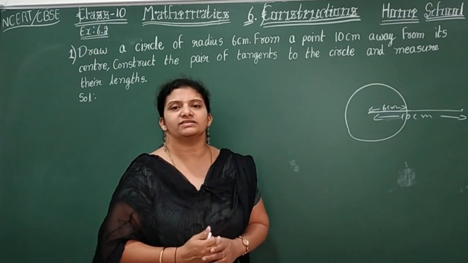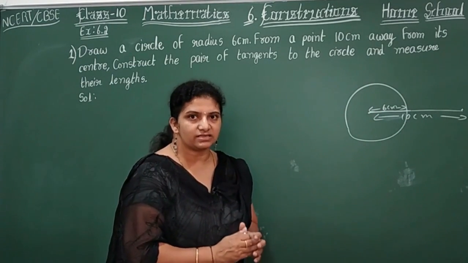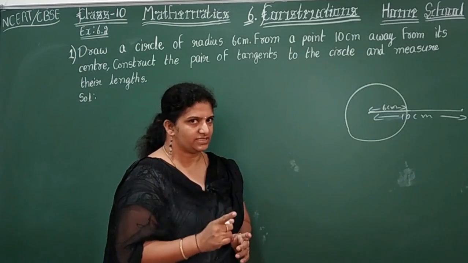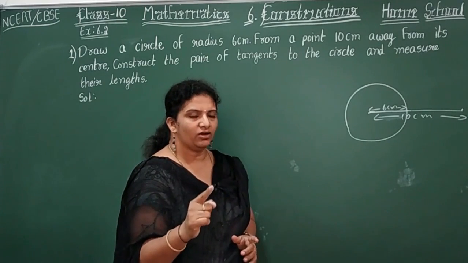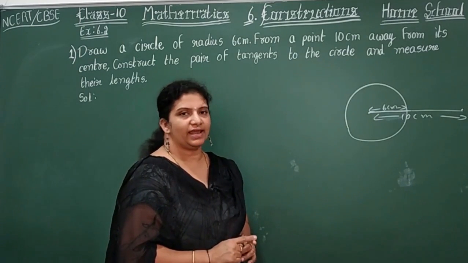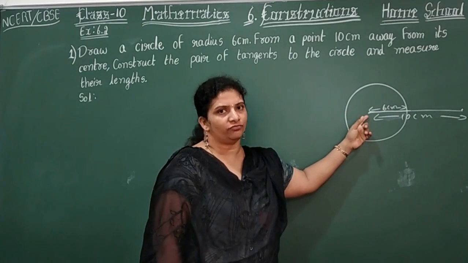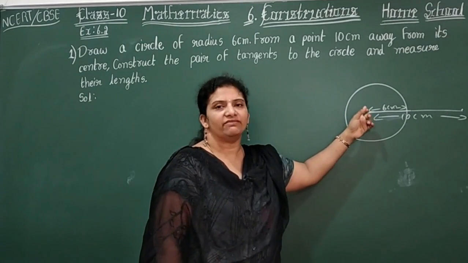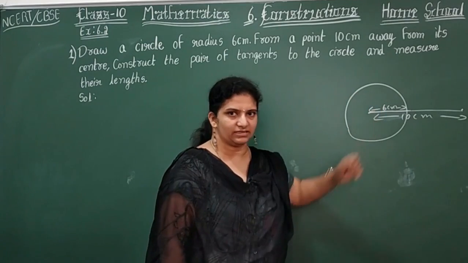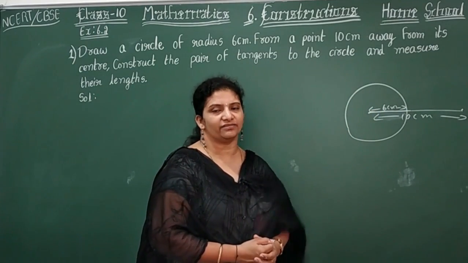Now, what are the steps to draw a tangent? I am going to say here. Please listen carefully. First step, draw a line of the given distance D value. Then next step, considering any one endpoint of your line segment, with the given radius, draw a circle. Third step, you need to draw a bisector for the line.